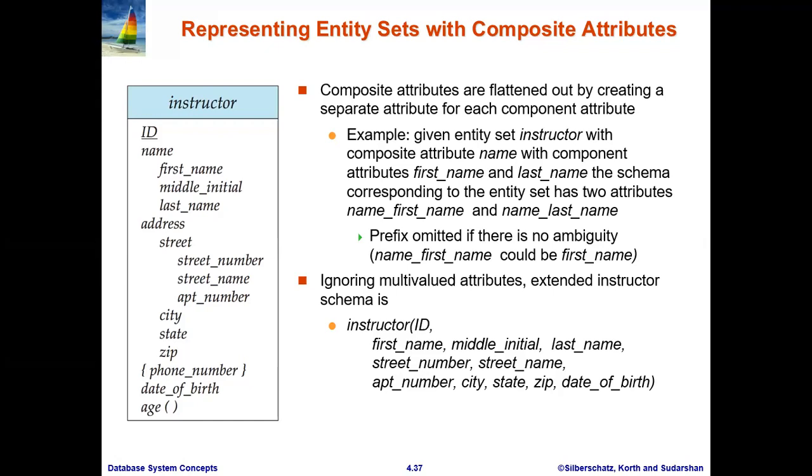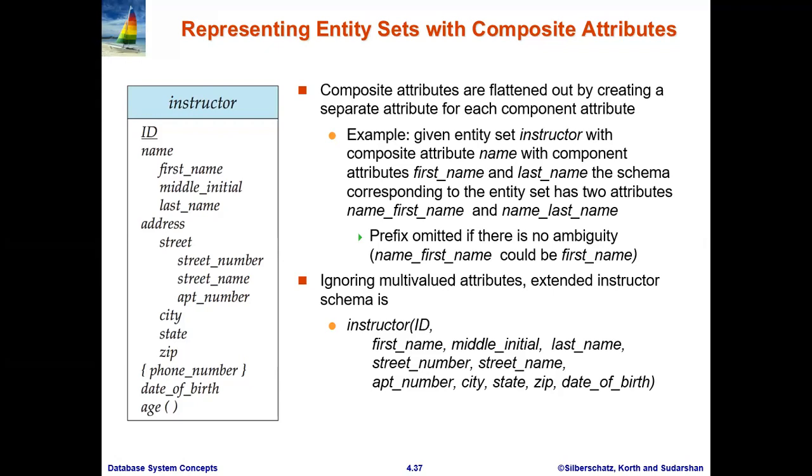Because for a multi-valued attribute of any entity, the schema is written separately. So we are skipping the multi-valued attribute of the instructor entity and writing the entire schema of instructor as below, which is instructor as the name of the entity and in brackets all the attributes of the instructor entity as a schema.